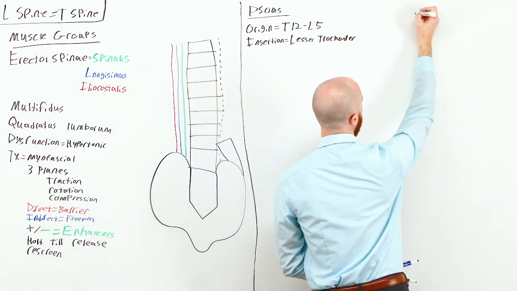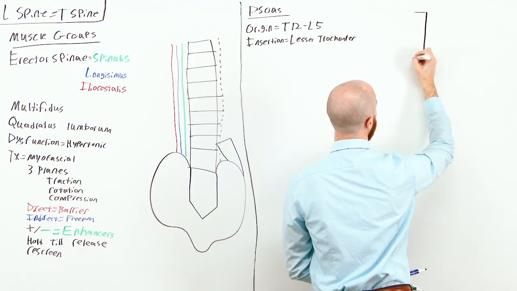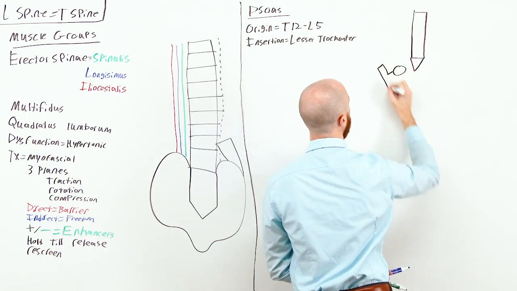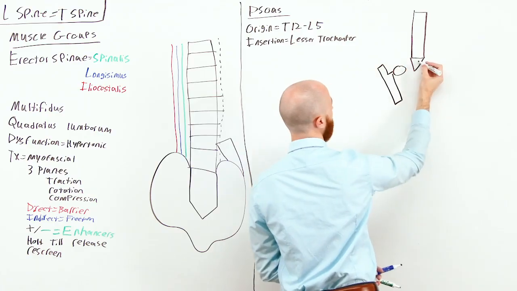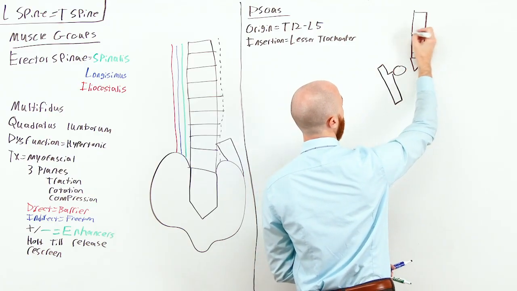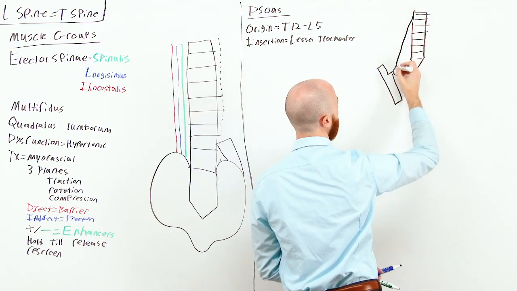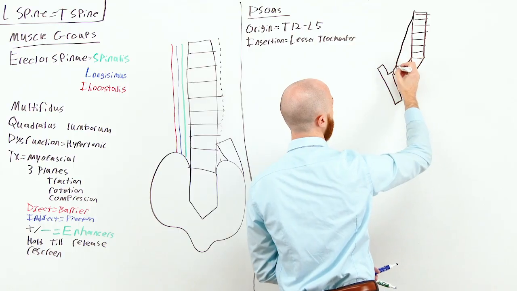So if I'm going to draw a picture of where this muscle is, where this is the sacrum and this is the spine, it's going to attach to the lesser trochanter right here.